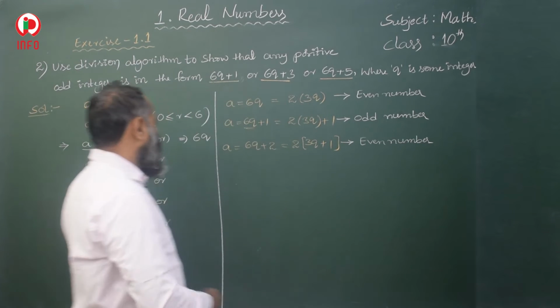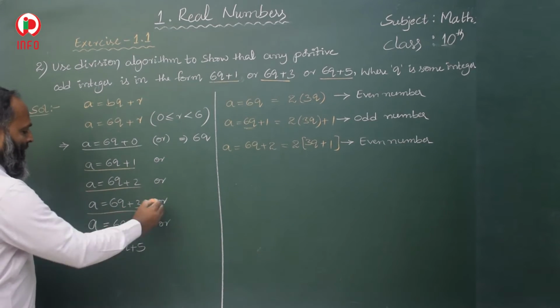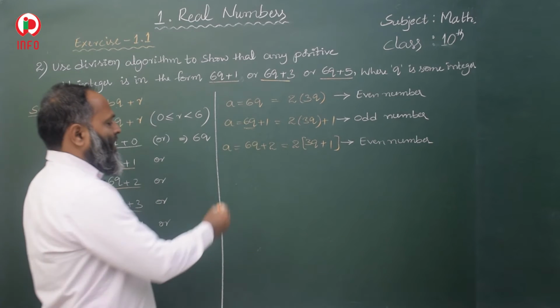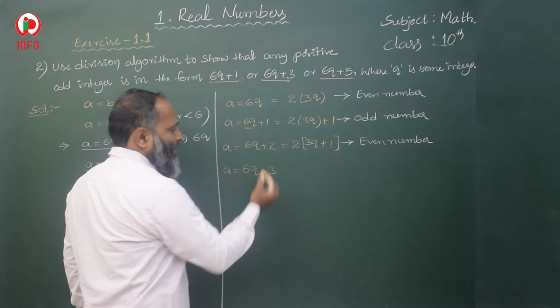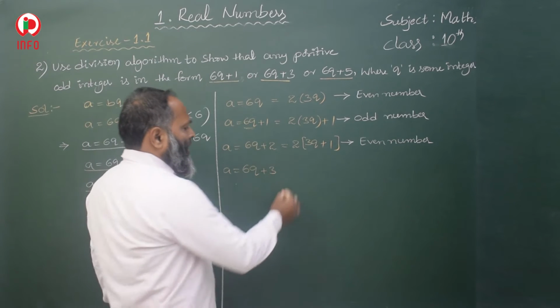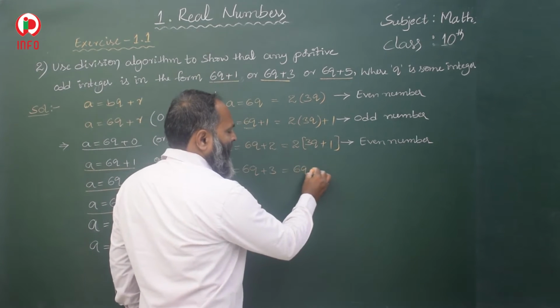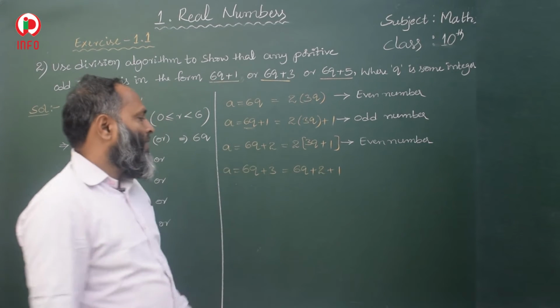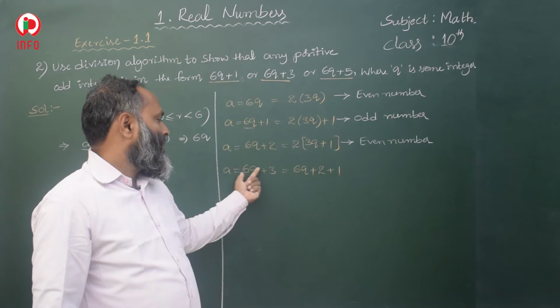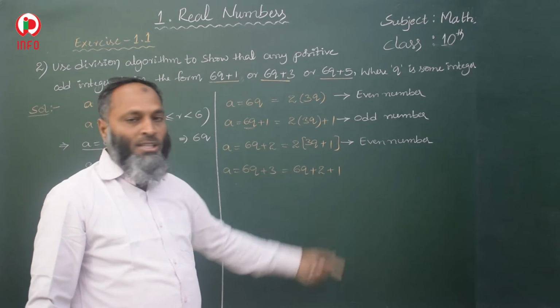Now the next one. a is equal to 6q plus 3. Now, 6q plus 3, how can we write 3? That is 2 plus 1. So 6q as it is, and 3 means 2 plus 1.